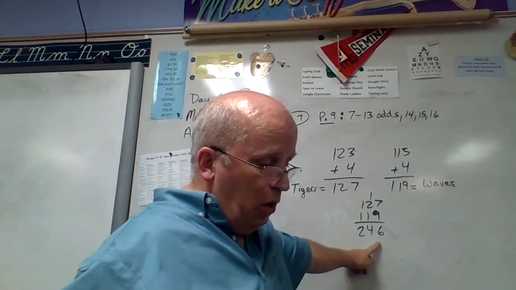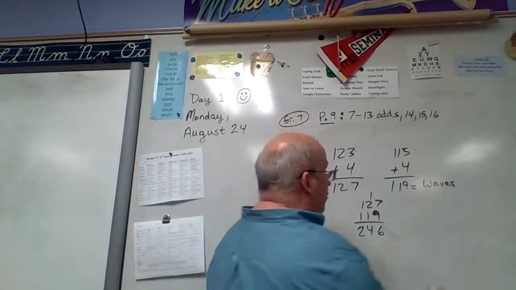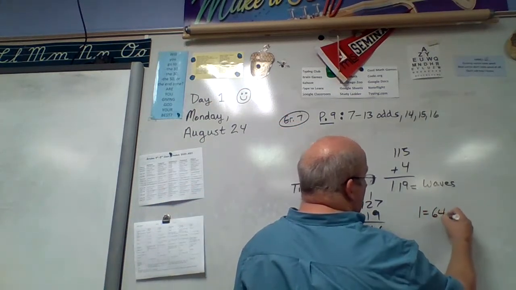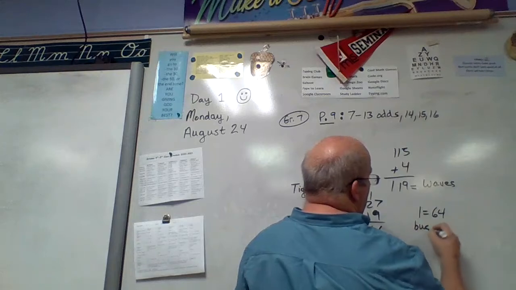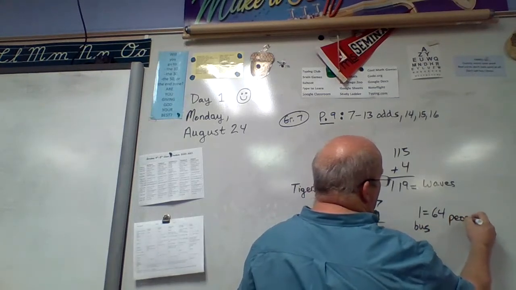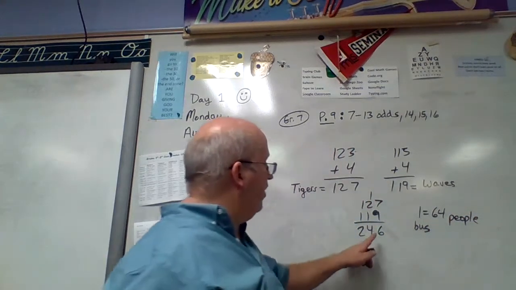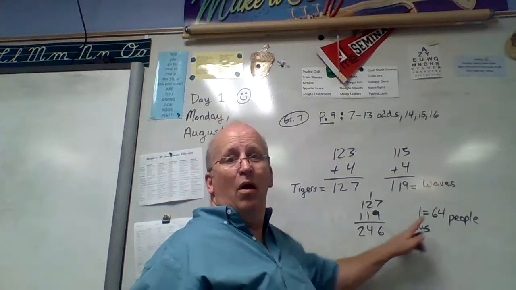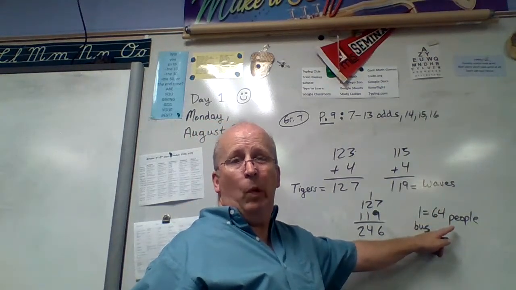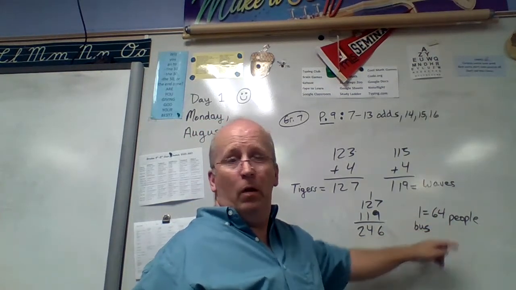Each bus, one bus can hold 64 people. So isn't this a case of dividing the total amount of people by the amount of people you can put on one bus, right?